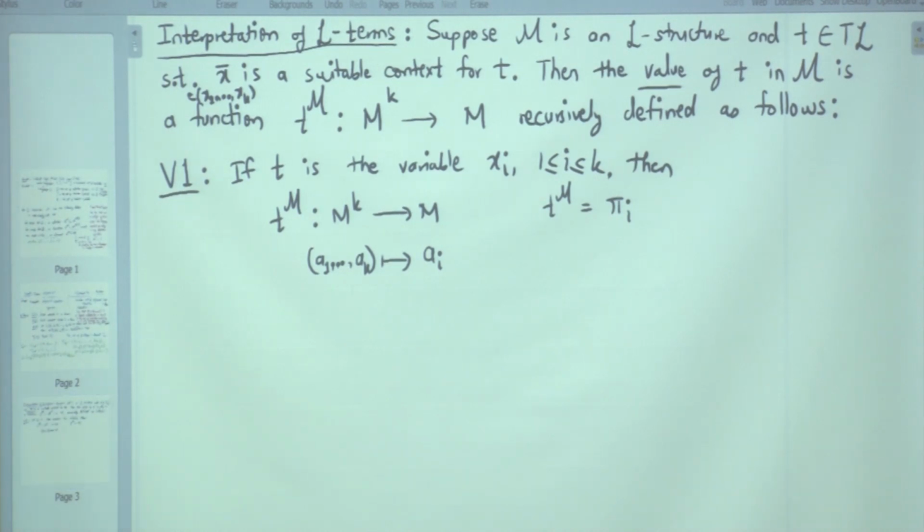Now, this is clear, yeah? If I want to interpret a polynomial as a function, and the polynomial is x, the context is x, y, z, and I am given values 1, 2, 3, then what will be the value of x? 1.